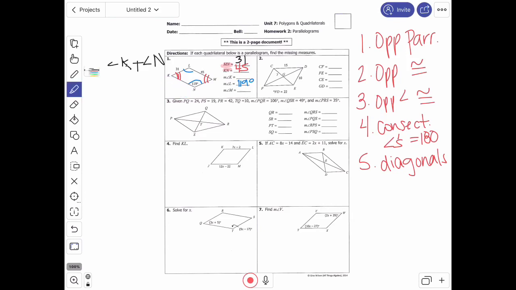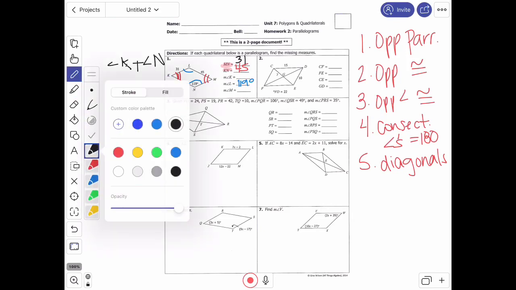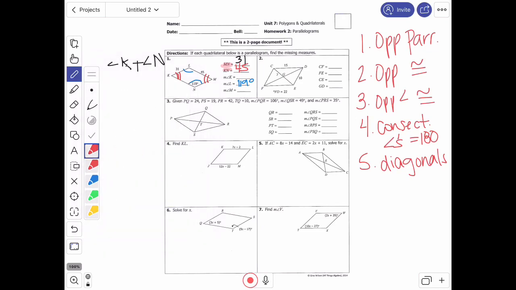If you take 180 minus 119, you get 61. So angle K is 61 degrees. And since K and M are congruent, angle M is also 61 degrees.